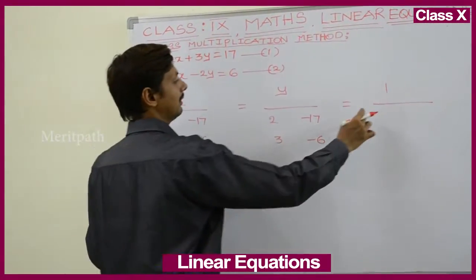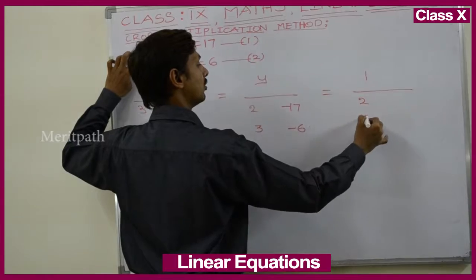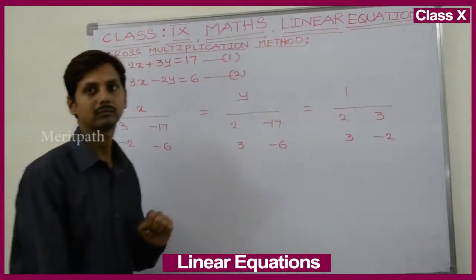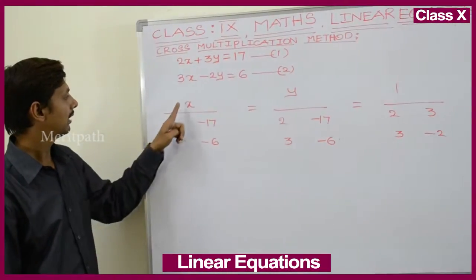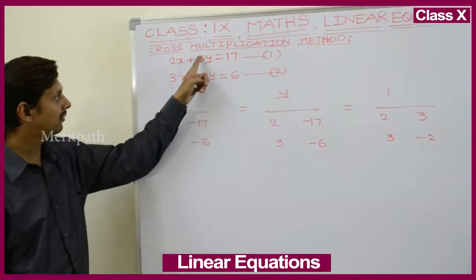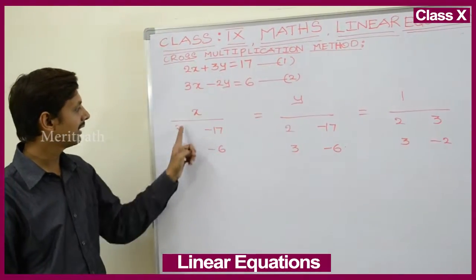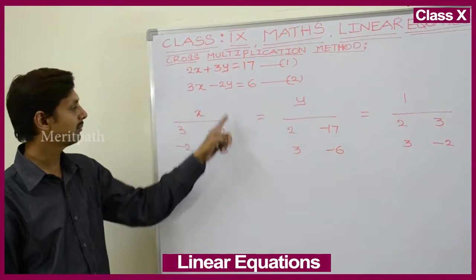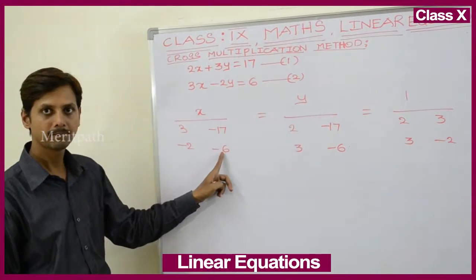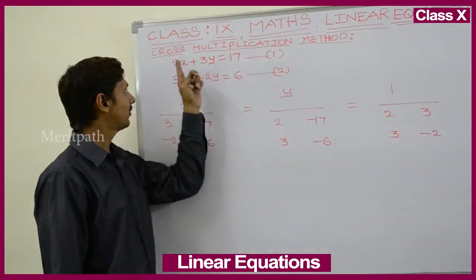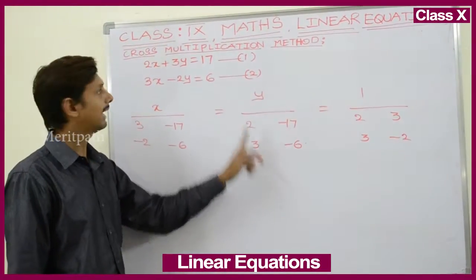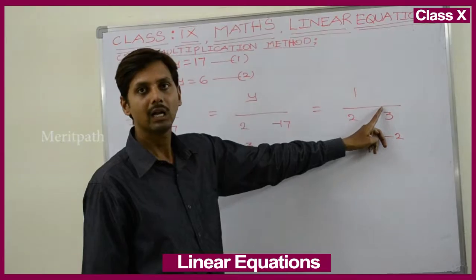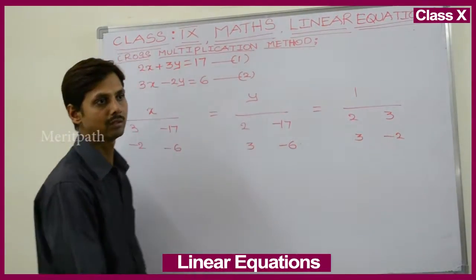Let us recall: x divided by the coefficients of y, 3 and minus 2, and constants minus 17 and minus 6 after transposing. The coefficients of x are 2 and 3, and the constants are minus 17 and minus 6.